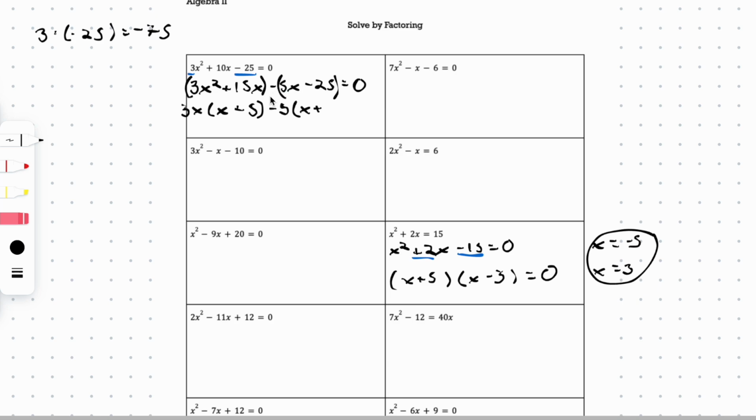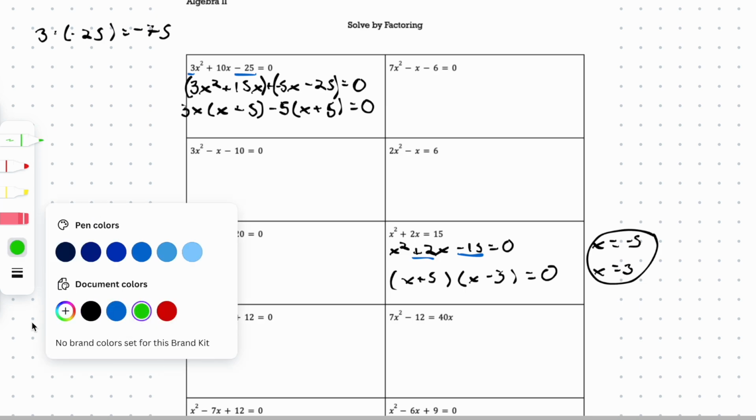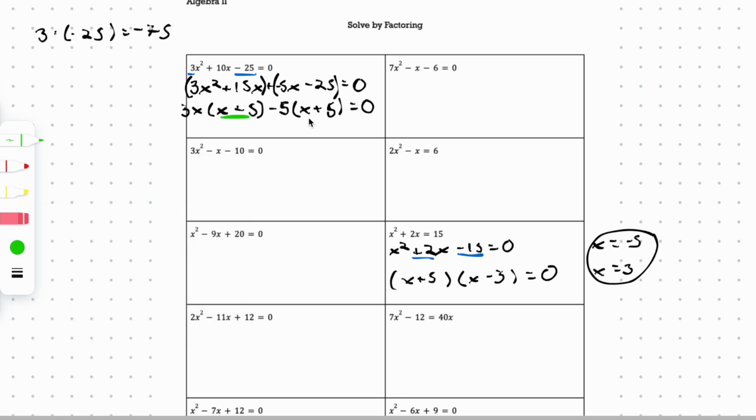I'm going to say plus -5 and put a parentheses there. If we factor out a -5 out of both of these terms, we end up getting x plus 5. That equals 0.